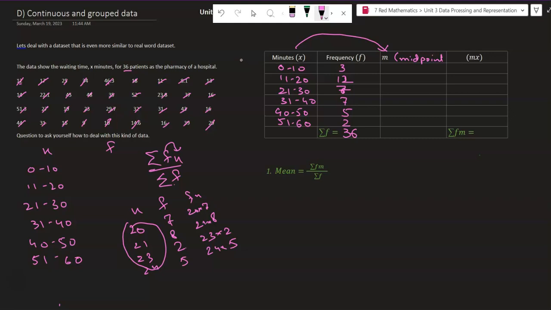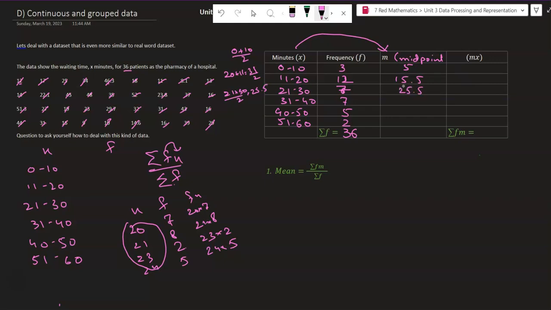So that will be 0 plus 10 divided by 2, and that gives me a 5. And then 11 plus 20, that's 31, divided by 2, and that gives me 15.5. And then you add 21 plus 30 divided by 2, it gives you 25.5.